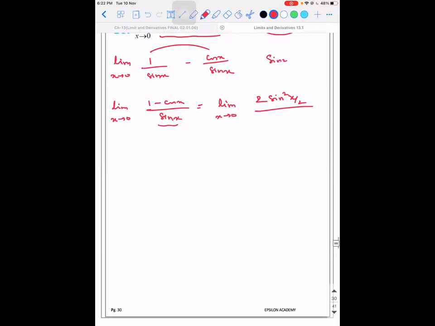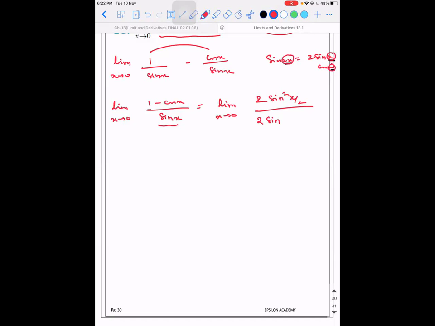We know that sin 2x is 2 sin x cos x, right? So if it is sin 2x here, then it will become 2 sin x into cos x, that is half of the original angle. So if it is sin x, then how can we write? If it is x here, then what will happen to the angles?